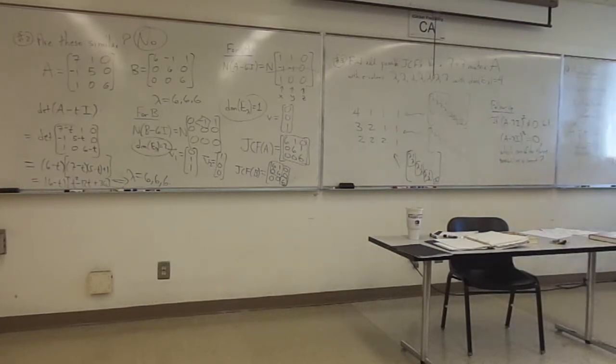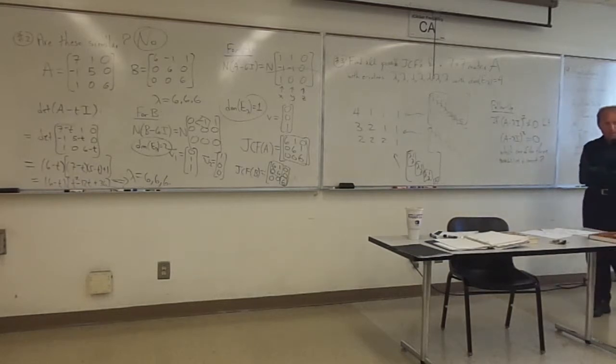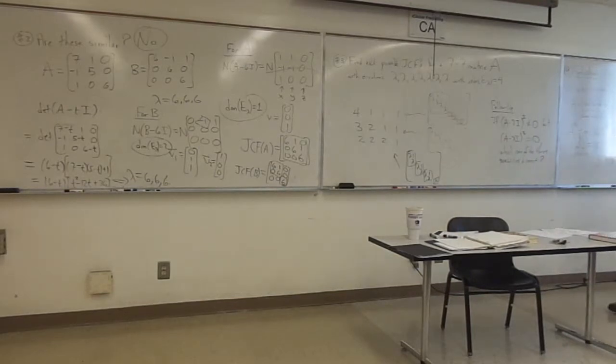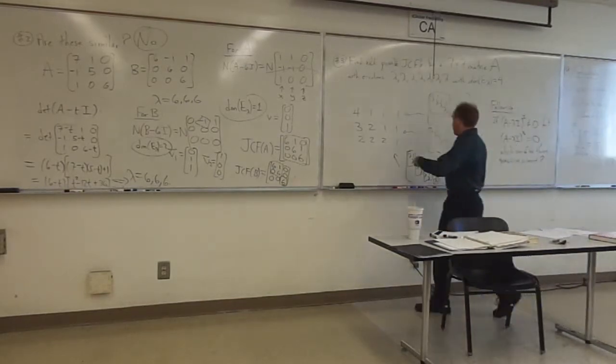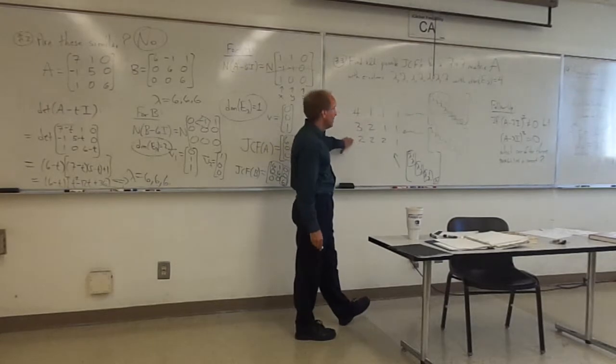So if I know that the square power is not 0, but the cube power is 0 for this matrix, then is it this one here? That's not my answer.